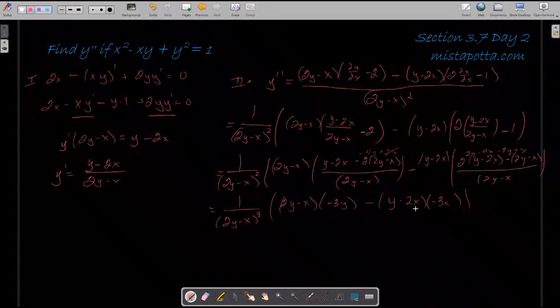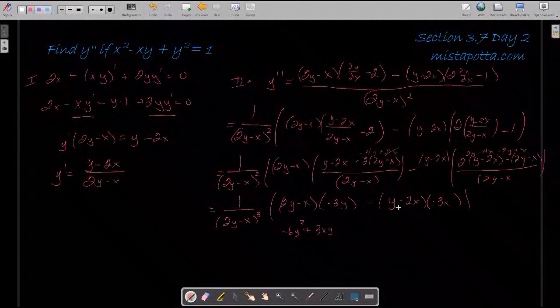And so yeah, there's a lot of algebra going on here, but it really is going to simplify quite nicely. So when I distribute, I'm going to have 2y times negative 3y, which is negative 6y squared. I have negative x times negative 3y, which would be positive 3xy.